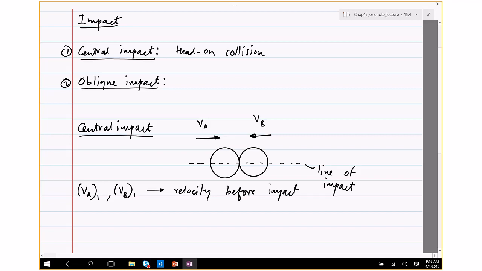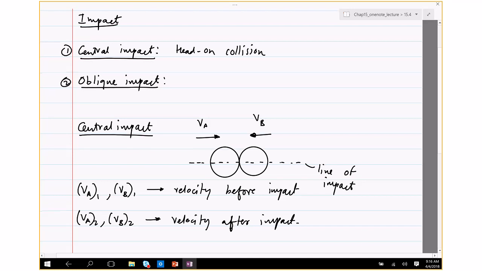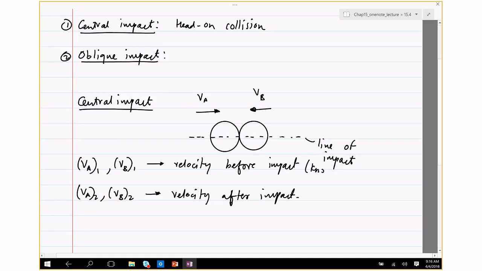And the question is, find the velocity after impact. So these are typically the knowns. These are typically the unknowns.